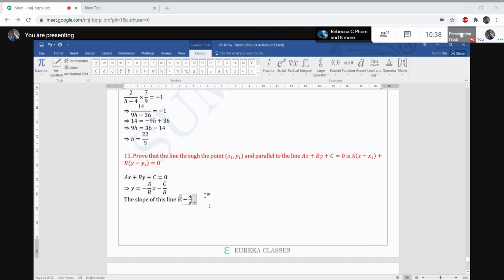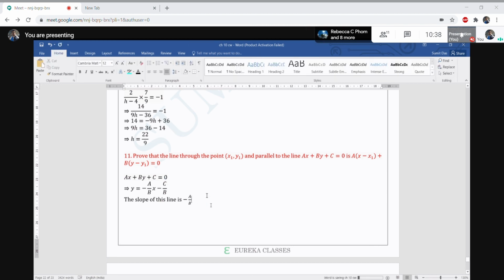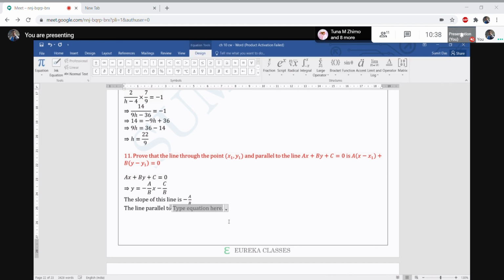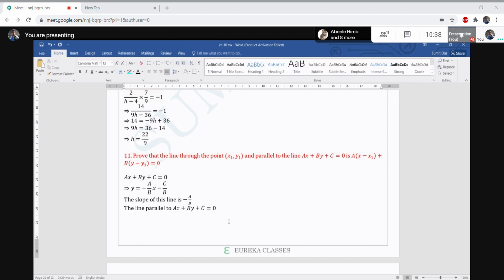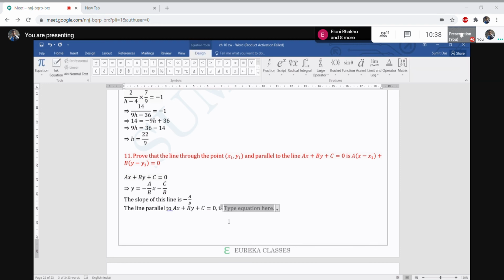Then the line parallel to ax plus by plus c equal to 0, what will the slope be? The slope will be the same, minus a by b.